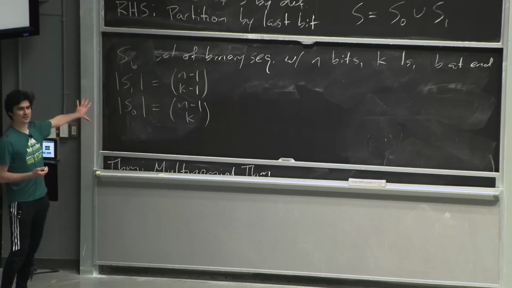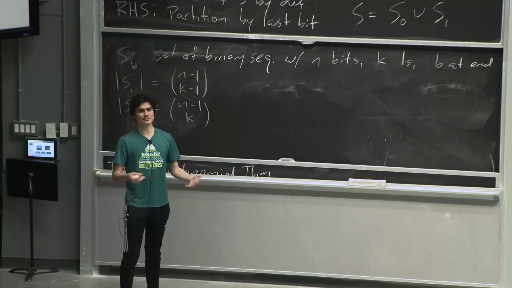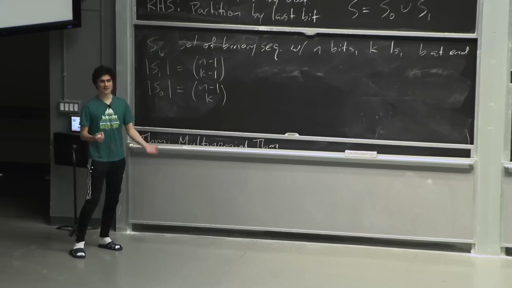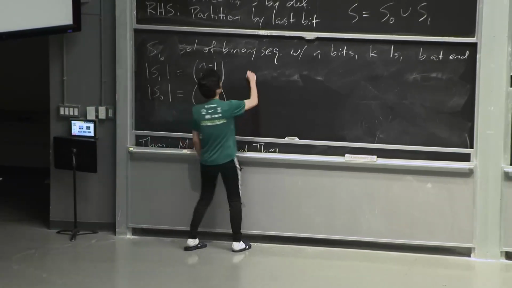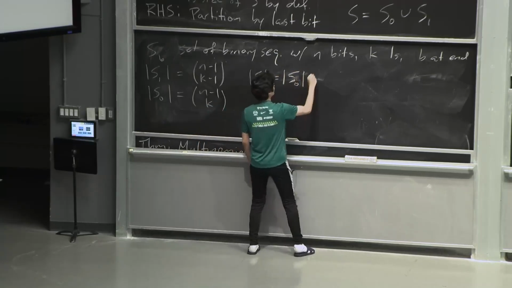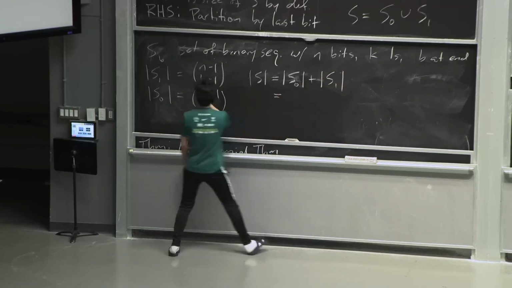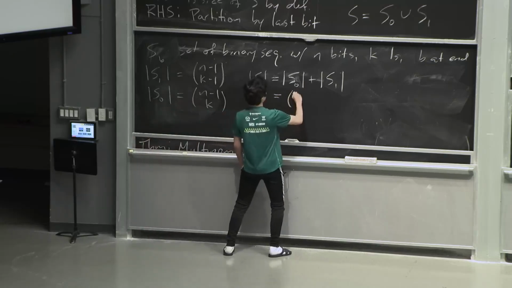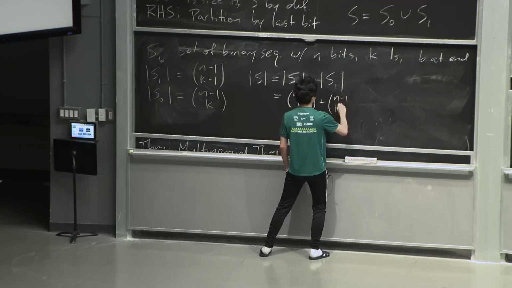So these two cases are exhaustive. You can't have a sequence that ends with neither a 0 nor a 1. It's a binary sequence. They're also disjoint. You can't have both a 0 and a 1 at the end. So this forms a partition. So by the sum rule, the size of S is going to be the size of S naught plus the size of S1, which we just established is, I guess I flipped them around, n minus 1 choose k plus n minus 1 choose k minus 1.